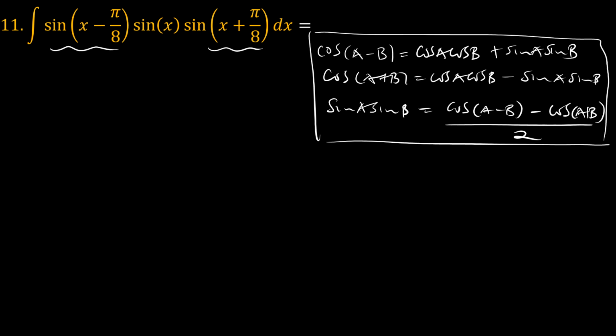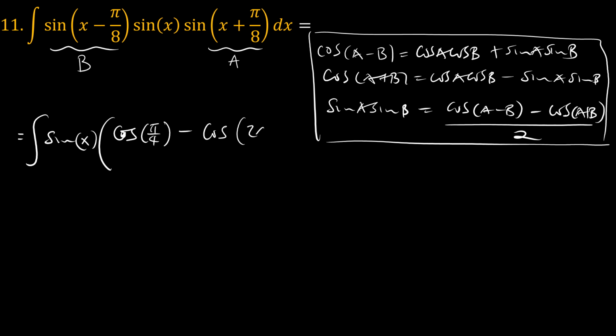So what that means is that our integral becomes the integral of sine x times the bracket cosine of A minus B, where we take this to be A and this to be B, so this becomes cosine of pi over 4, minus cosine A plus B, which is cosine 2x, all divided by 2, right?